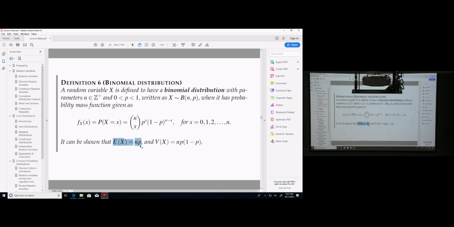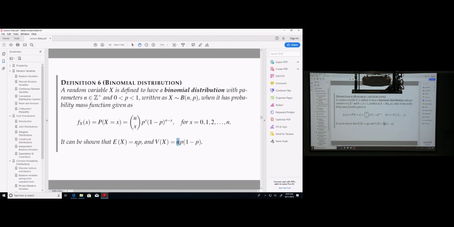For each trial, you have a probability of success p, and the expected number would be the number of trials times the probability. And the variance is the number of trials times the probability of success times the probability of failure. So it is quite easy to remember.